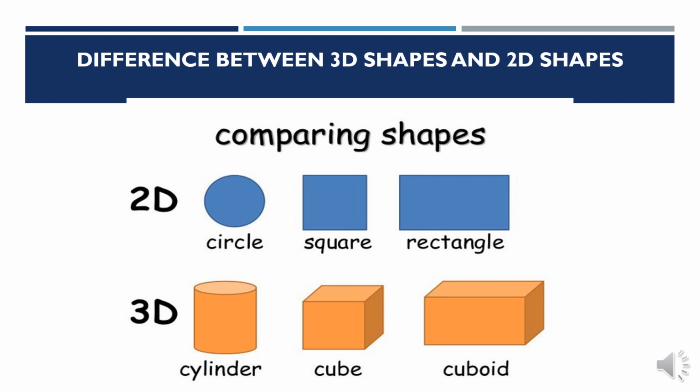Then in a square, you can see that when we put different squares together, it forms a cube. In a rectangle, when we combine different rectangles, and along with those rectangles there are squares at the sides, the shape is a cuboid. Now let's move towards the properties of 3D shapes.